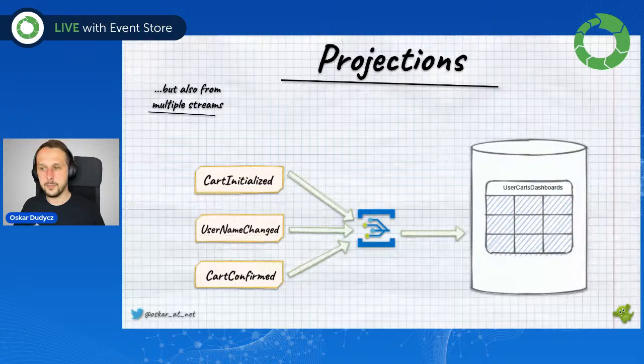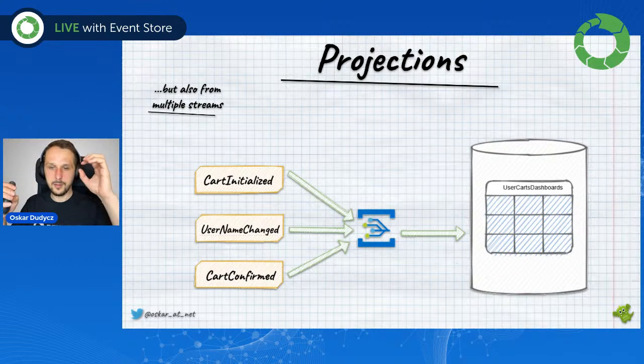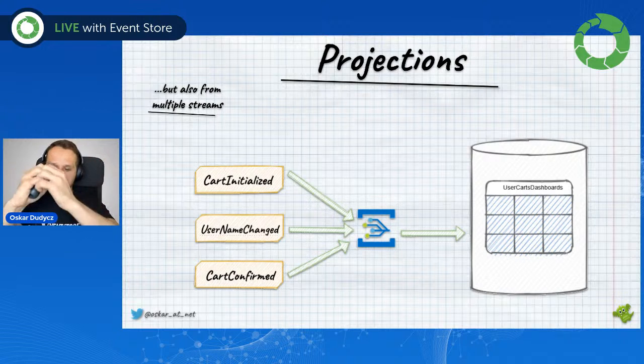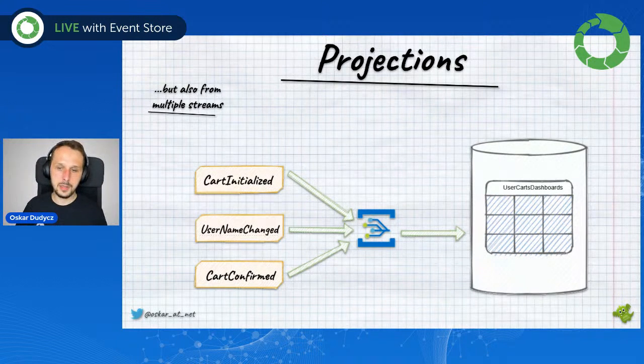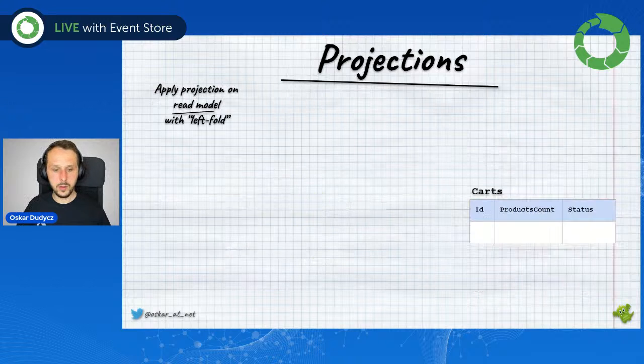We can, for example, build a user carts dashboard where besides shopping cart data, we also keep information about, for example, the username. So we are taking events from here and from there, joining them together, building the materialized representation, and storing it somewhere.